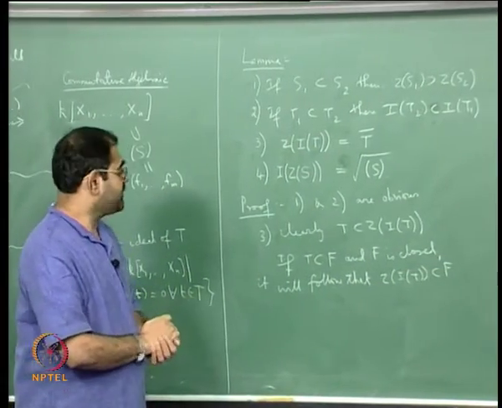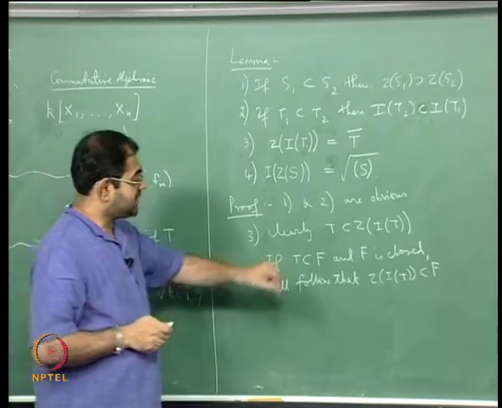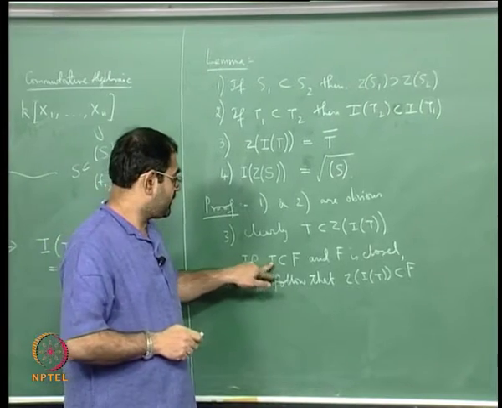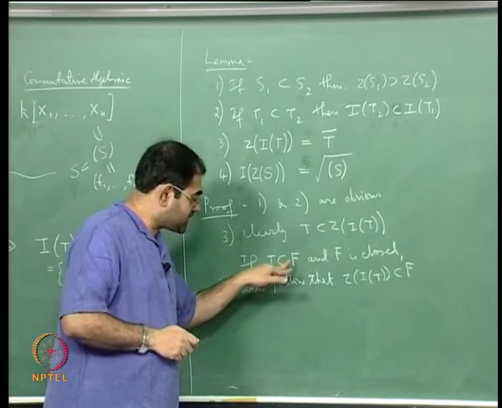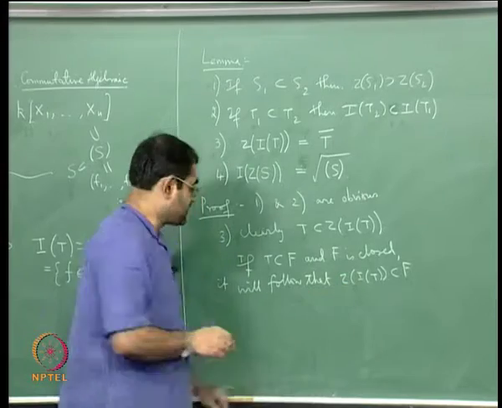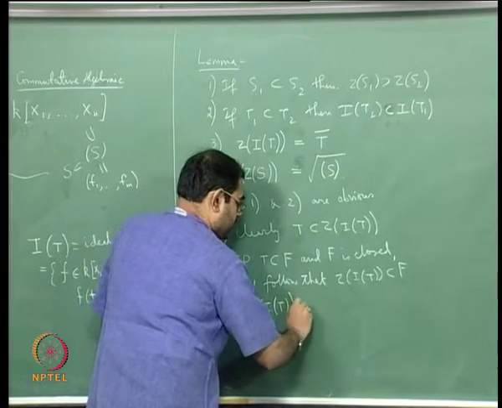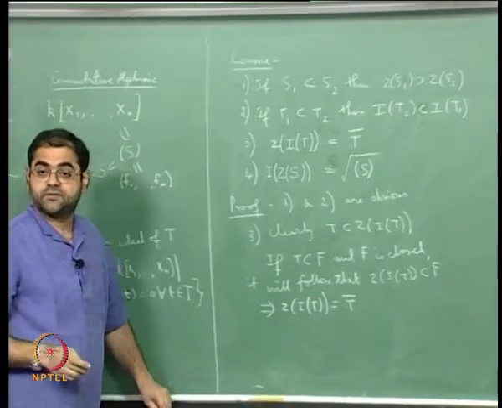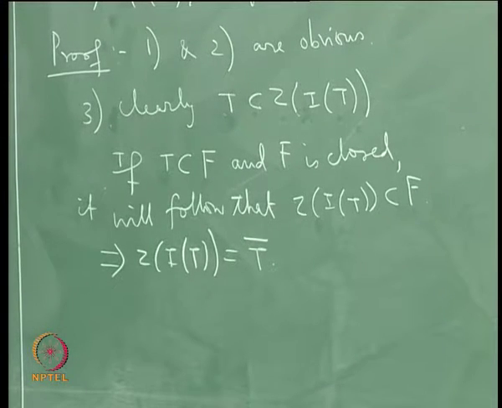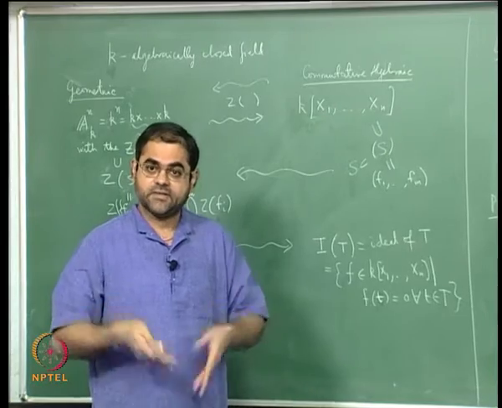okay. What this means is that Z of I of T, because Z of I of T is already closed, it means that Z of I of T is the smallest closed set which contains T. It is a closed set which contains T, and whenever some other closed set contains T, that closed set also contains Z of I of T. So this implies that Z of I of T is equal to T bar, because by definition the closure of a subset is the smallest closed set which contains that subset, and which you can obtain set theoretically as the intersection of all the closed sets which contain that subset, okay.